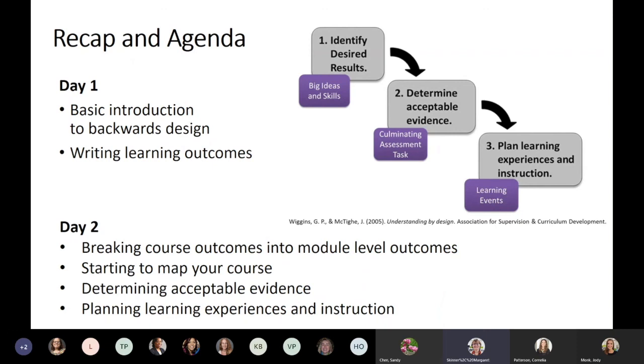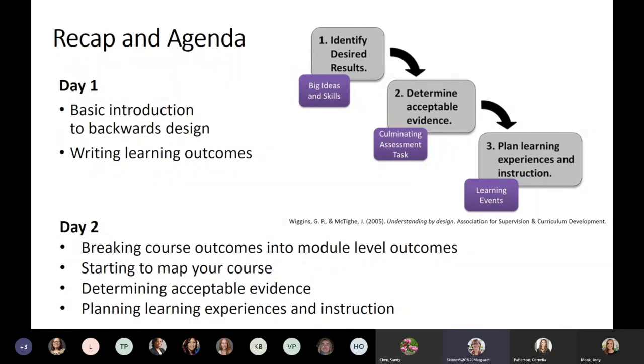So just like a very brief recap of yesterday, we talked about the principles of backwards design. And for many of you, that was just a refresher course, thinking about designing your course, whether it's face-to-face or online, with the end in mind. So you're thinking about what do you want your students to know in terms of content and skills? What are they going to be able to know and do by the end of the course? And then how are you going to know that they can do that?